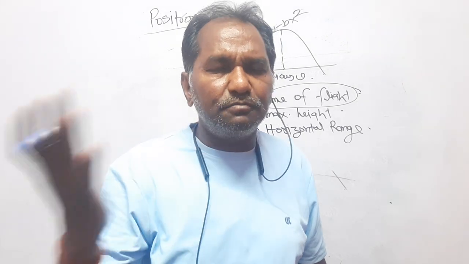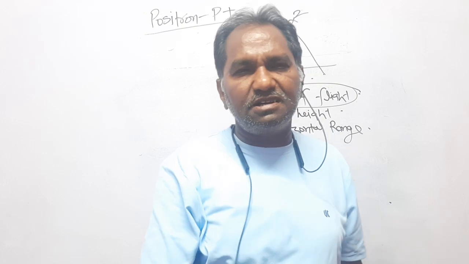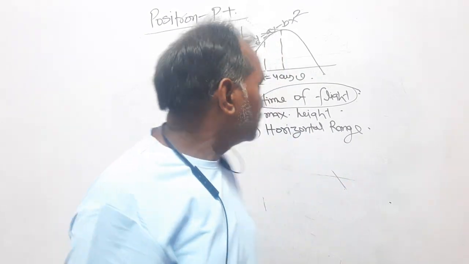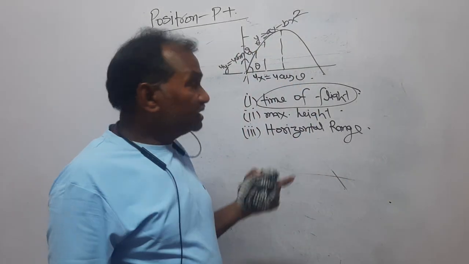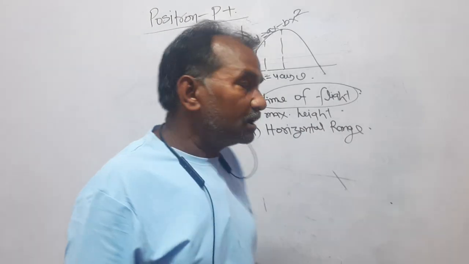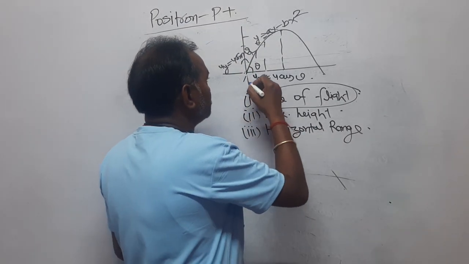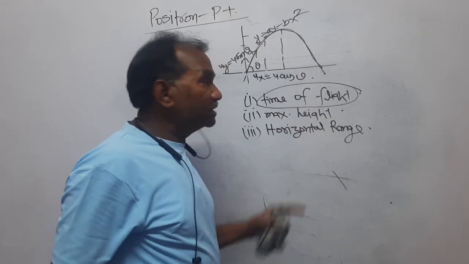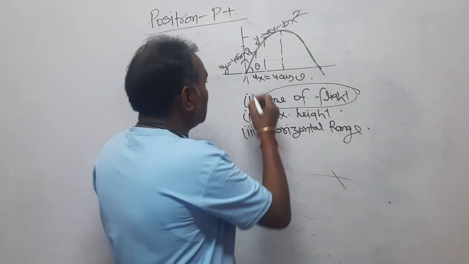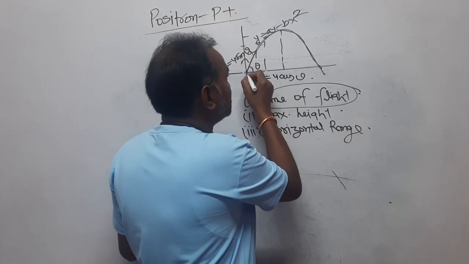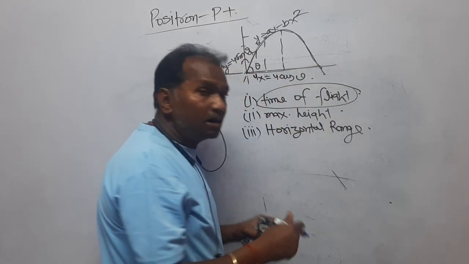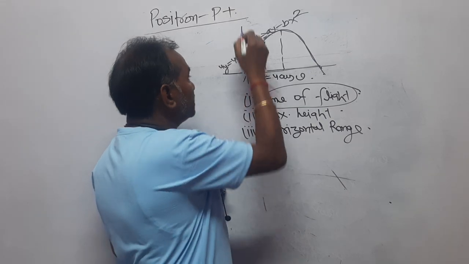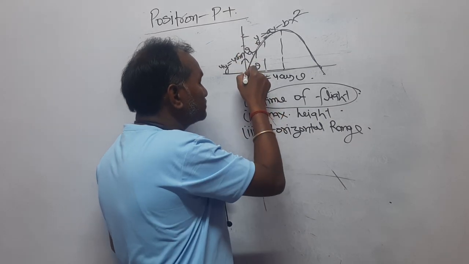Time of flight is what? The time up to which the body remains in air. The time up to which a projectile remains in air is said to be the time of flight. Now, in these cases, what is the time of flight? Either you find the time the body takes to come from here following this curved path to here, or you find how much time the body has taken in traveling this very horizontal distance, or the time in which, on the vertical axis, the body goes from here and comes back to here.